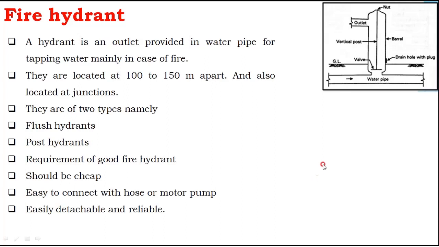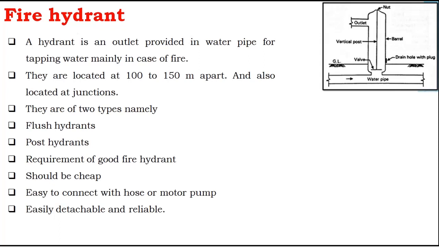Then fire hydrants. Nowadays in small towns and villages, what we do is call the fire persons, the fire police, and say that there is a fire break, please come. Then they will come with their vehicles and put off the fire.